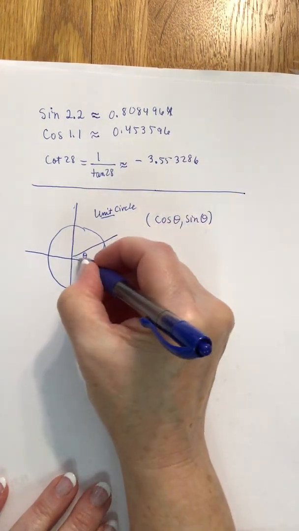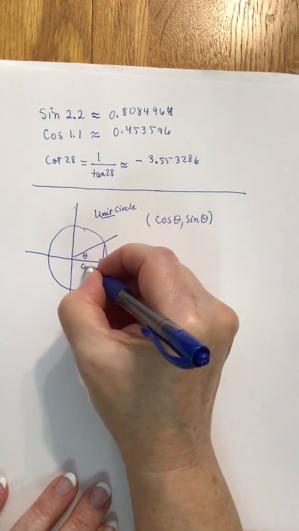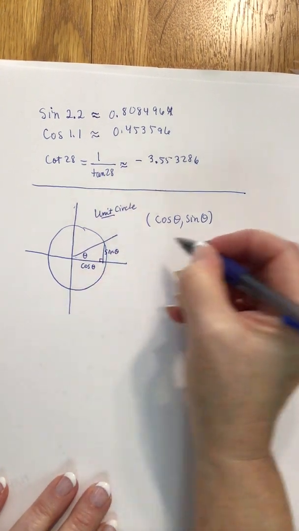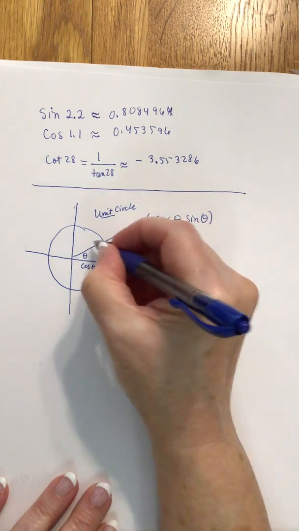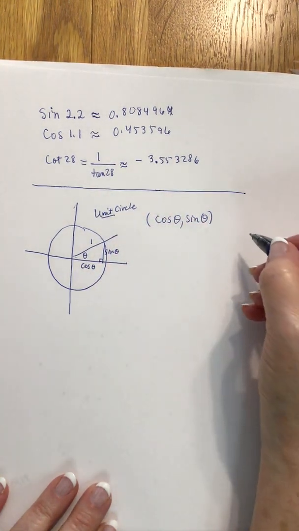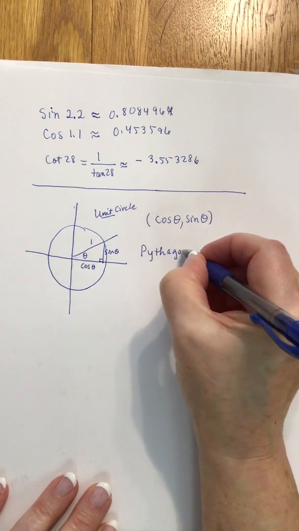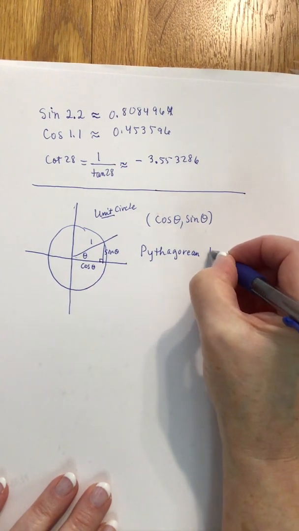So if I go out and up, this is my cosine theta, and this is my sine theta. And since we're in a unit circle, our radius is 1. So we're going to talk about Pythagorean identities.